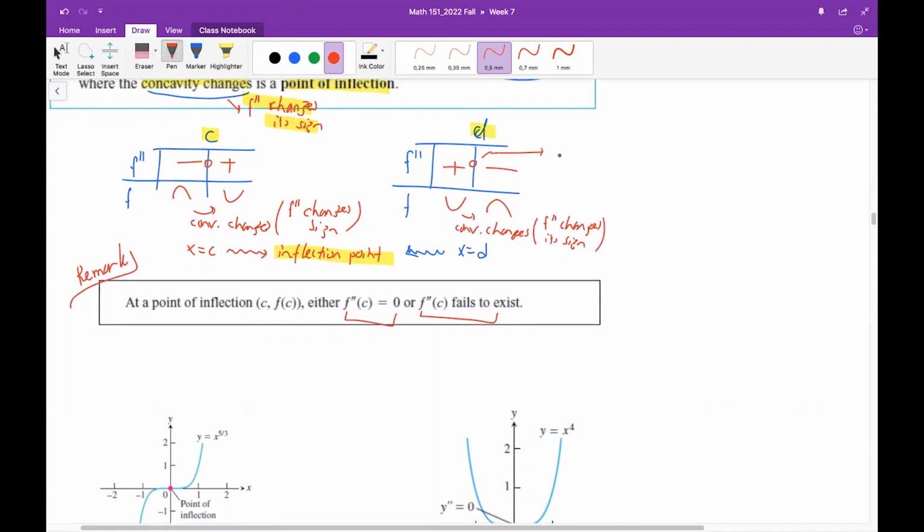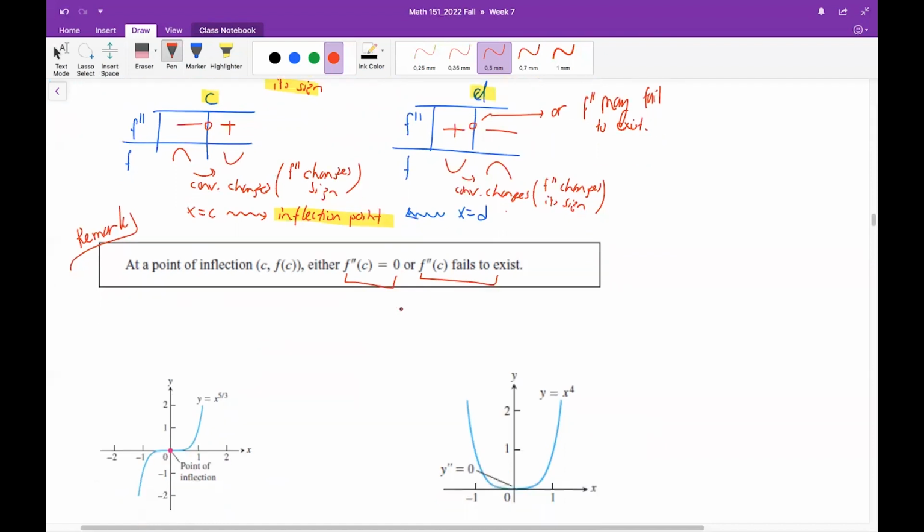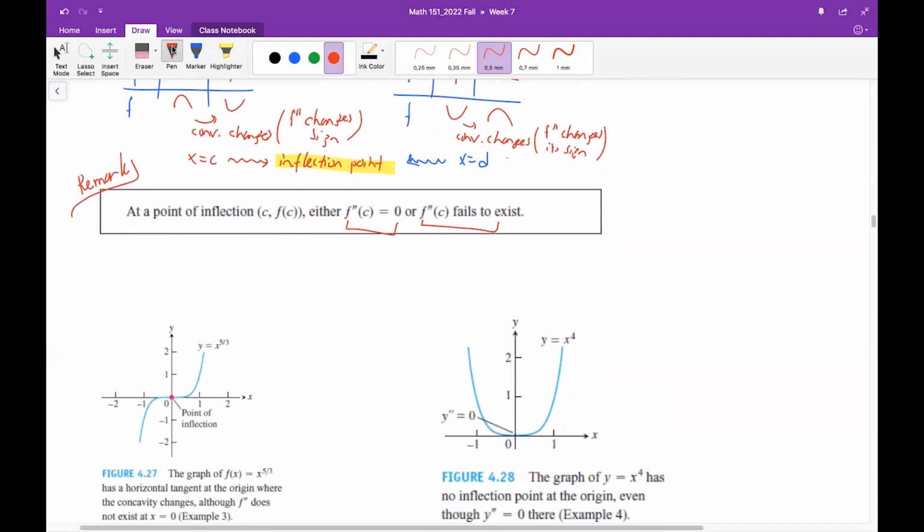It may be 0 or the second derivative may fail to exist. This may also happen, okay? So this is a very useful remark. Let me try to emphasize it with bold pens.